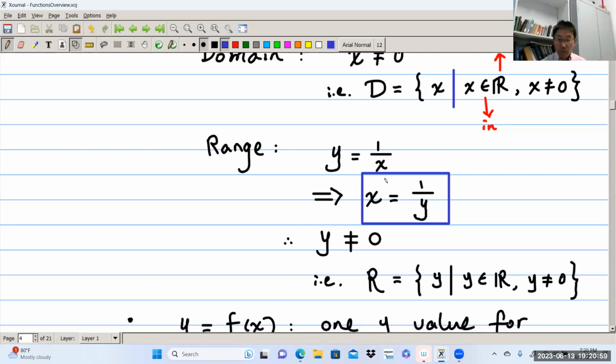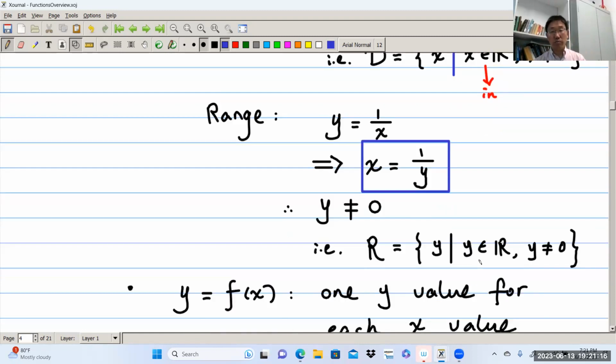This rewritten form of the function tells you y can be any real number except 0, because for any such real number you can find a corresponding input to produce it. So the range of this function is all the real numbers except 0.